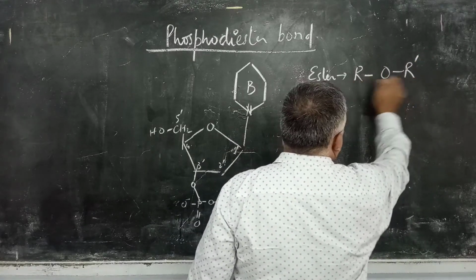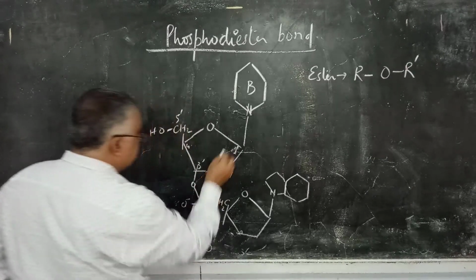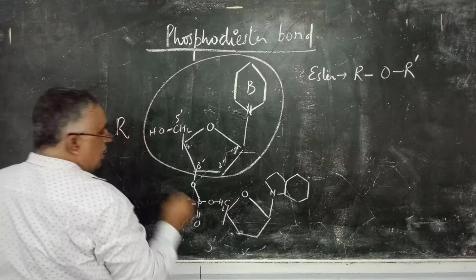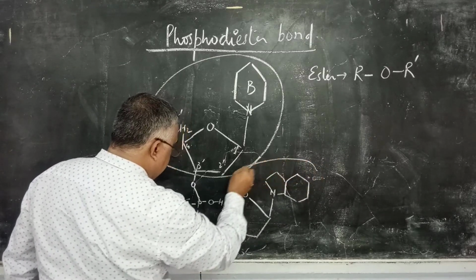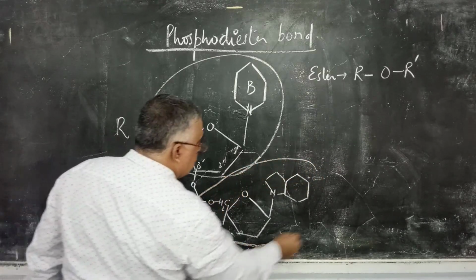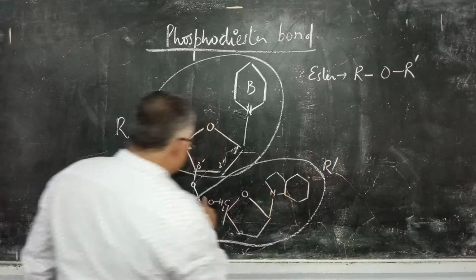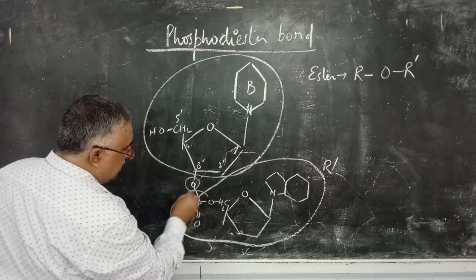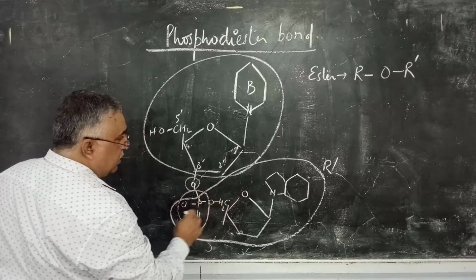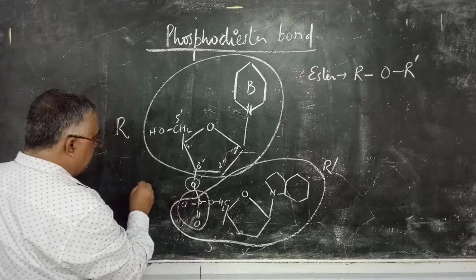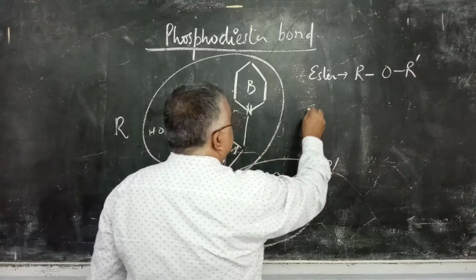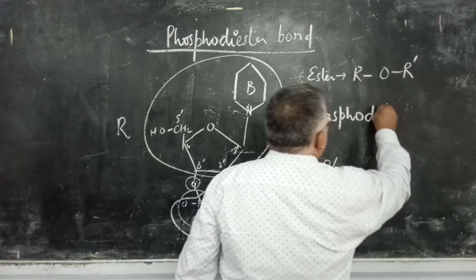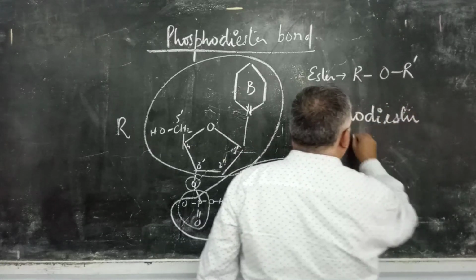These R are two different functional groups. So one functional group is this. Suppose this is R, and the other functional group is this. This is R dash. So R dash and R are connected by this bond, and see again there is another bond here. It can also be an R and R dash. So because there are two esters, this bond is known as phosphodiester bond.